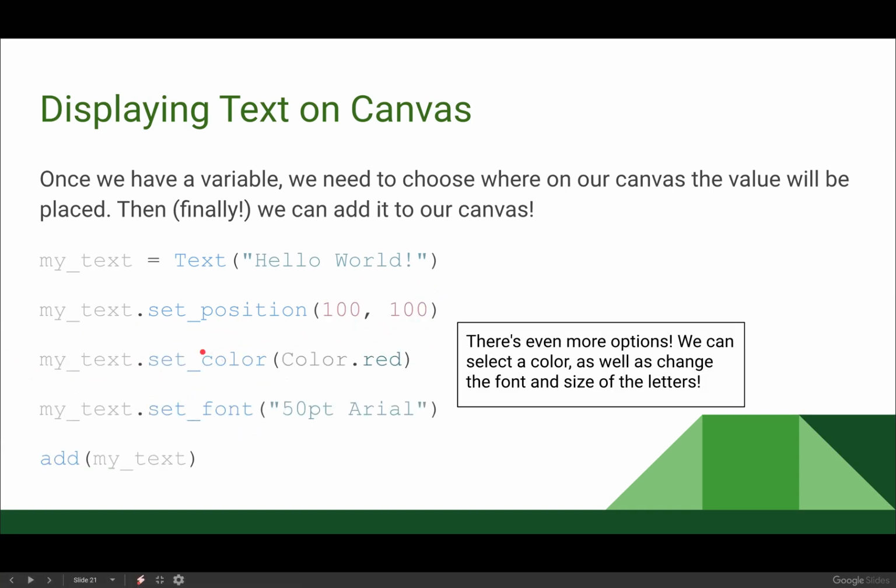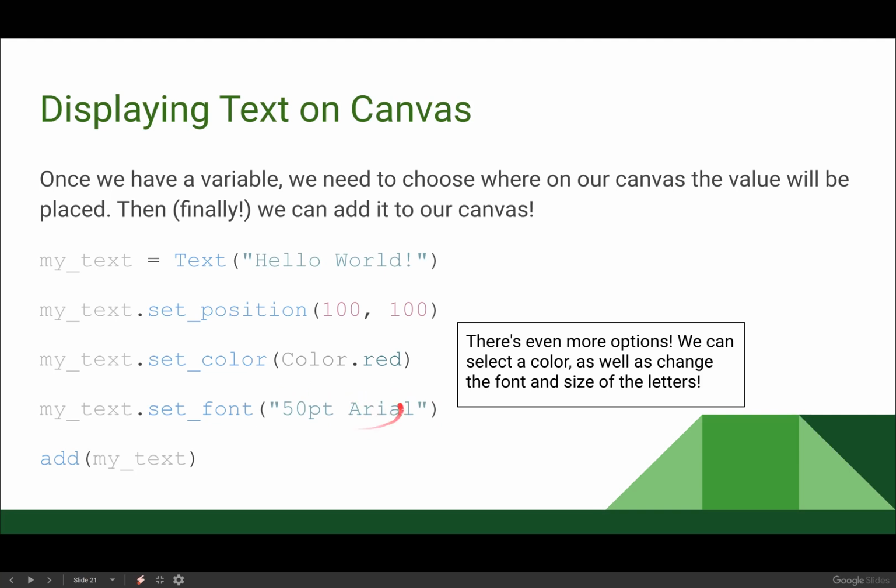And there are even more options than just our position. We can select a color from a selection of colors, and I'll talk about that a little bit later. We can also change the font and size of the letters. When we are using setFont, we need to include both how big, in what point value, essentially how many pixels tall we want it to be, and we also need to choose what font we want it to be.